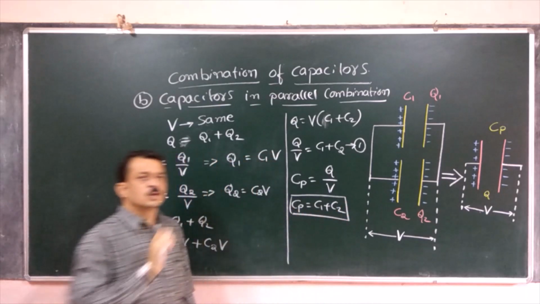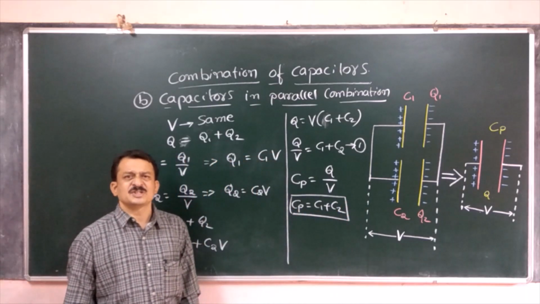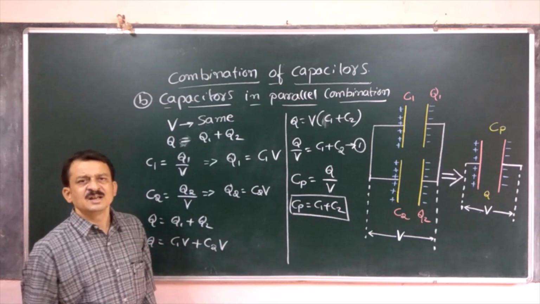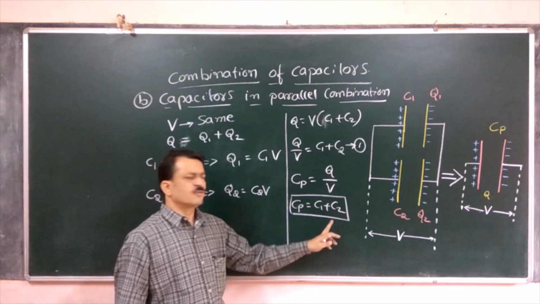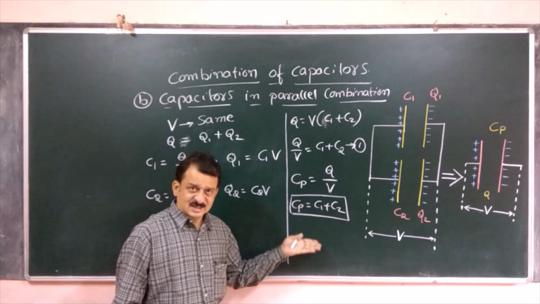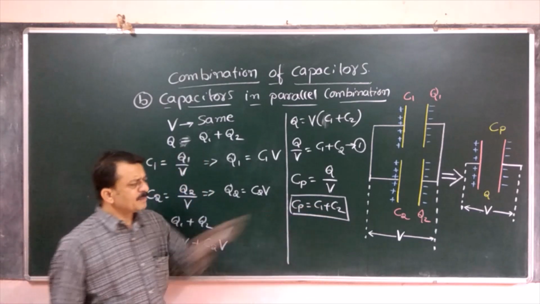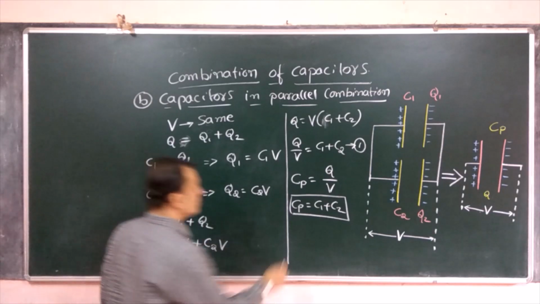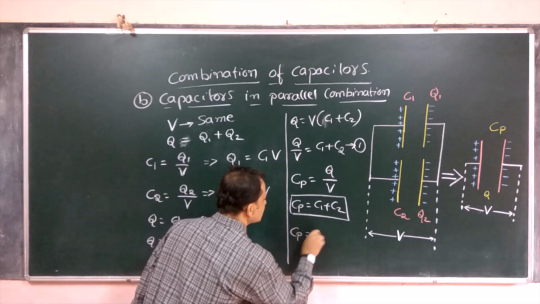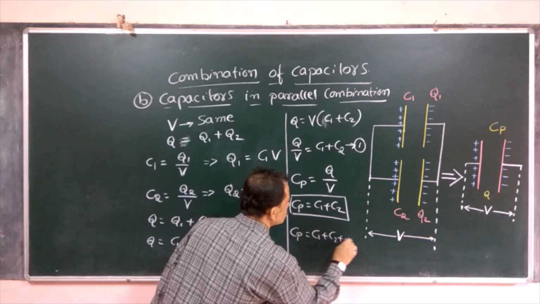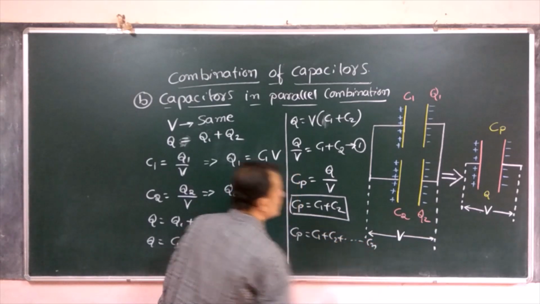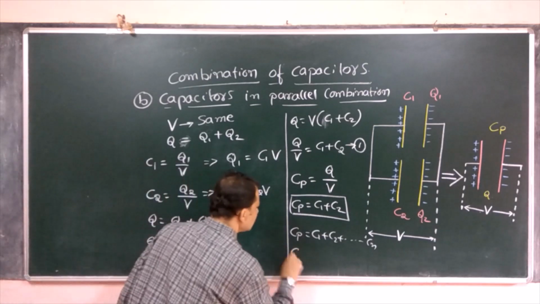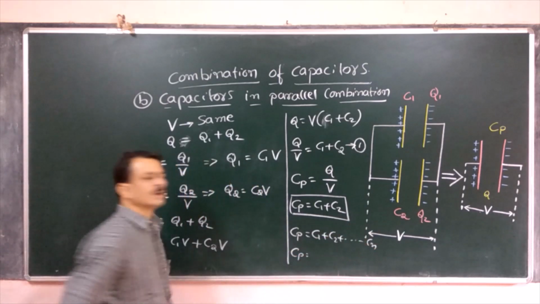Therefore, the equivalent capacitance when two capacitors are connected in parallel is the sum of the individual capacitances. The same expression holds good for n capacitors: if n capacitors of capacitance C1, C2, up to Cn are connected in parallel, then the effective capacitance Cp is C1 plus C2 plus up to Cn.